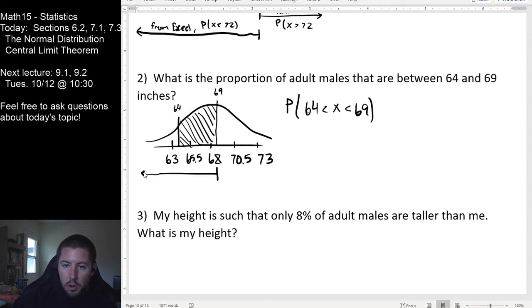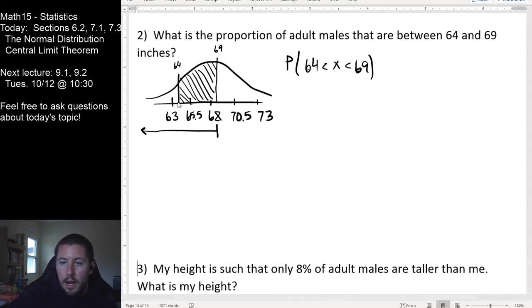This would be our cumulative up to 69. And this interval right here would be our cumulative up to 64. What we want is this one. This is our probability that 64 is less than x is less than 69.